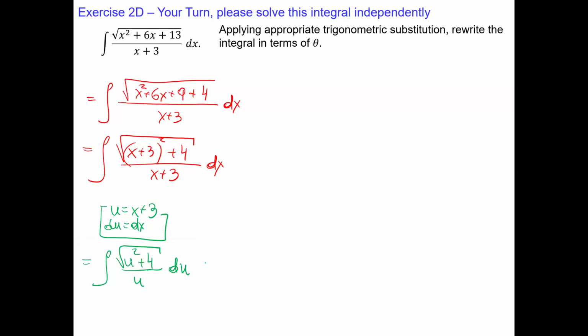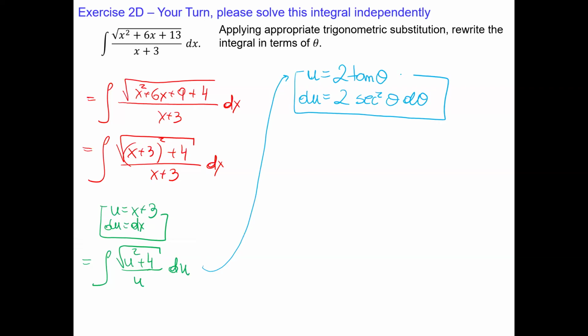Now that was the point. Now we can apply the trig substitution for this one. Let's start here. We can let u, because u is the independent variable, be 2 tangent theta. Then du is 2 secant squared theta d theta. You can see this is the trig substitution. And let's see what we have.